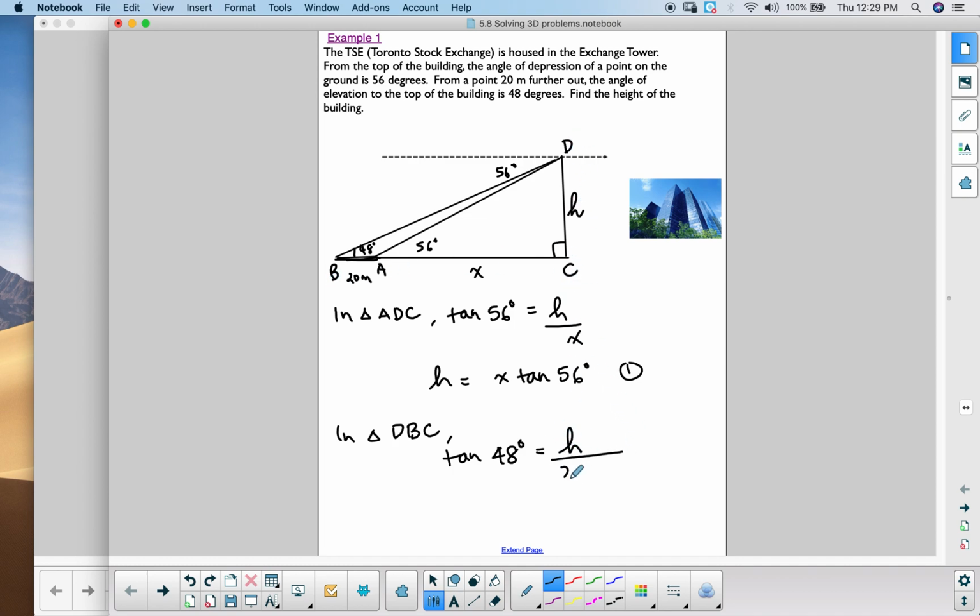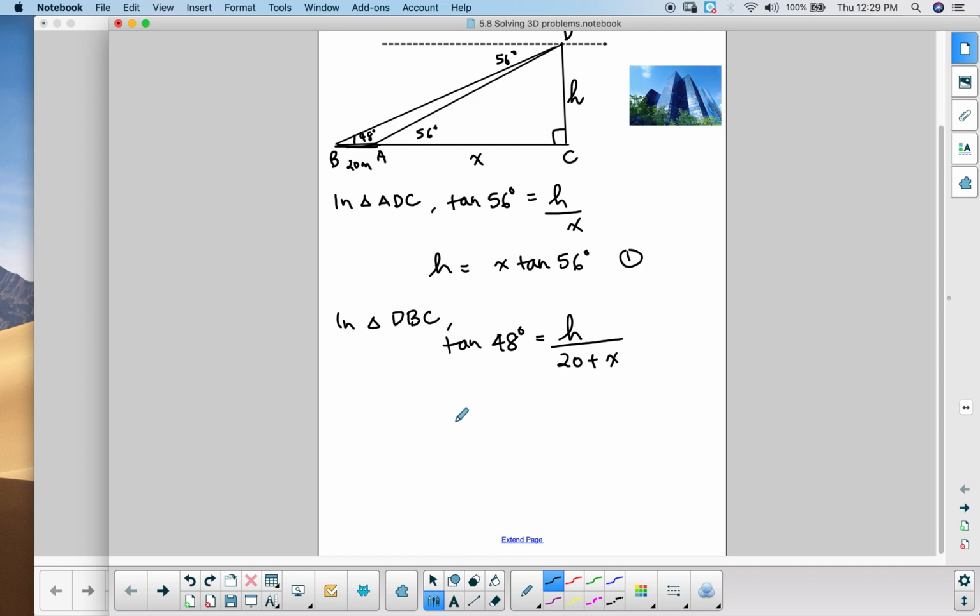The adjacent side is now 20 plus X, because that's the entire length from B to C. And therefore, solving for H, we get H equals 20 plus X times tan 48 degrees. So we have now two expressions for height of the building, and they both have to be the same. So we're going to equate 1 and 2.